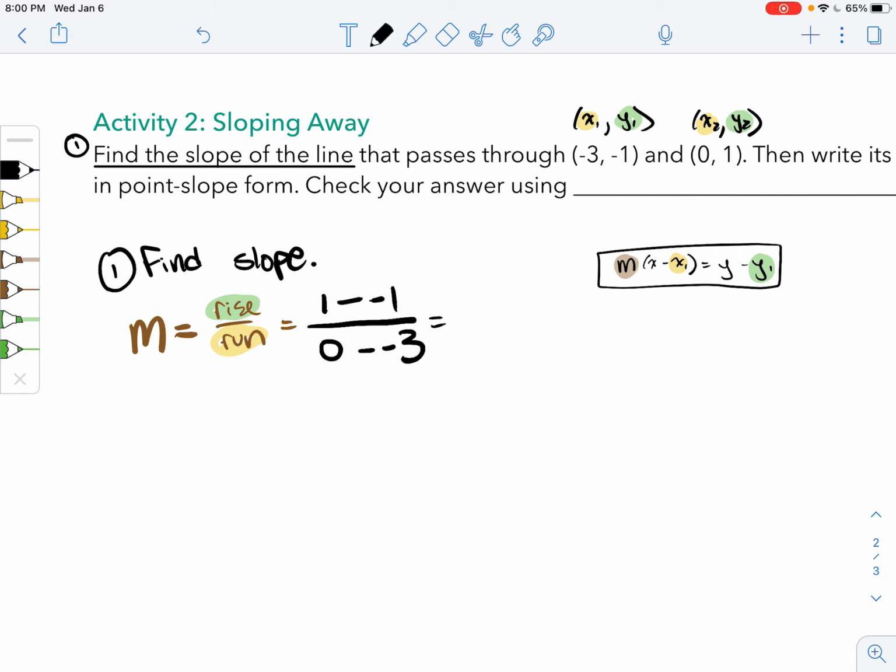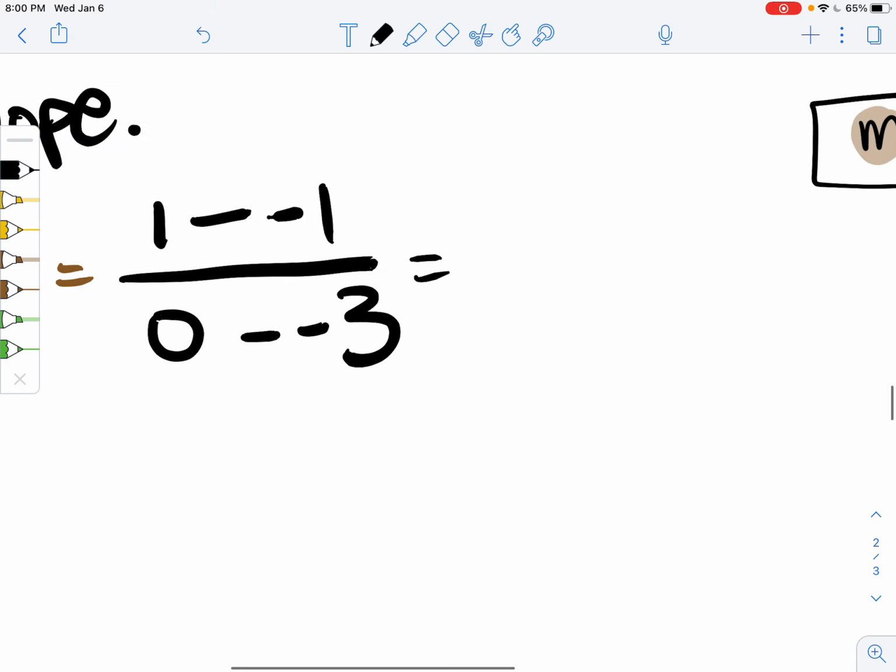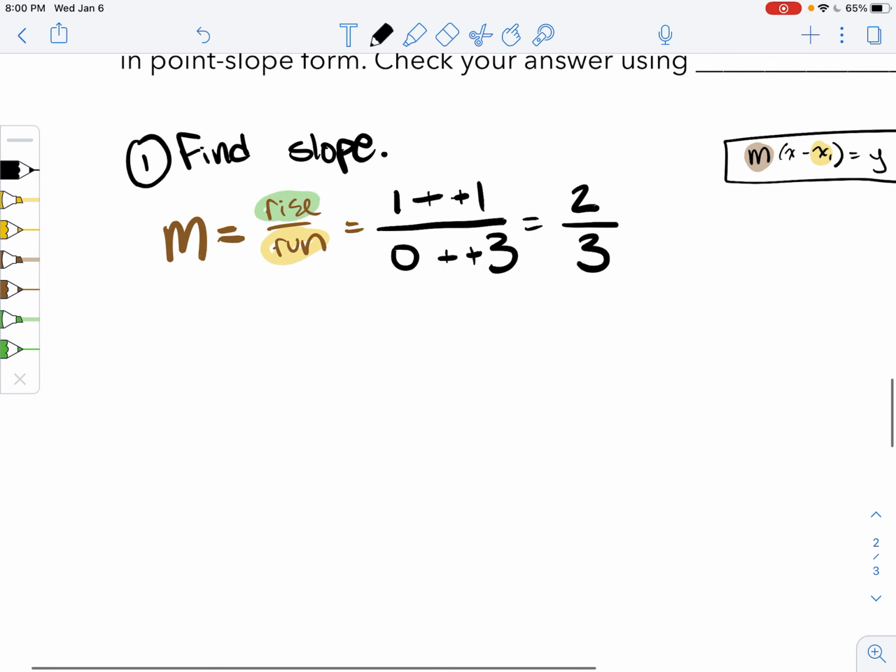And then I'm going to simplify this. 1 minus 1 is 2. 0 minus 3 is 3. So our slope is 2/3. Hey, we did it. Our slope is 2/3.